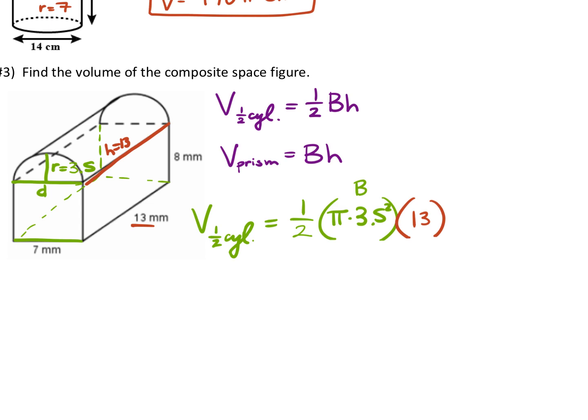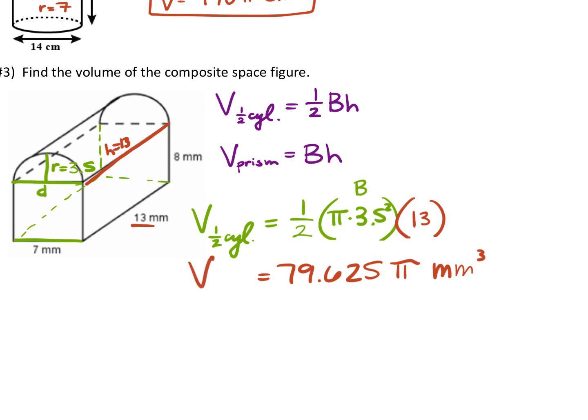You can leave this in terms of pi because it doesn't work out to a terrible number. We'll do it both ways. I'll show you the in terms of pi answer and the rounded answer. For now, just plug in 1/2 times 3.5 squared times 13. And you get 79.625 pi millimeters cubed.